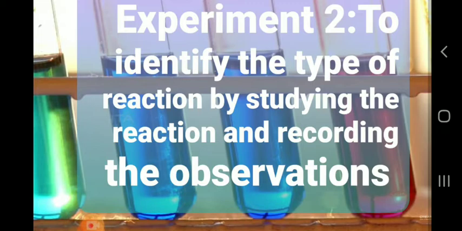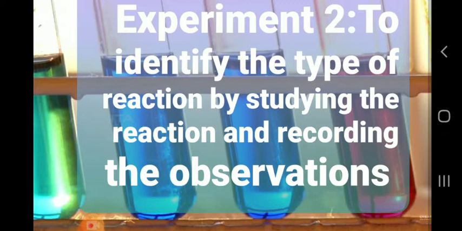So, here there are two reactants: magnesium, which we have taken in the form of magnesium ribbon, and oxygen, which we get in this reaction from air. They combine to form magnesium oxide, and heat is given out.